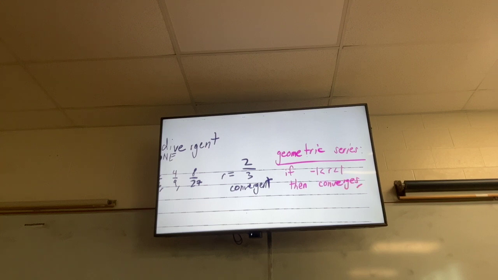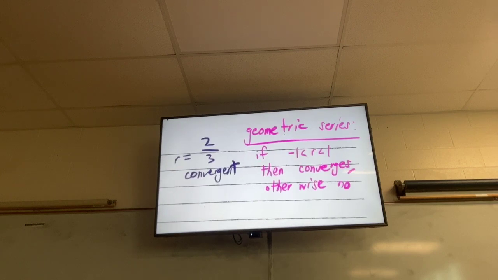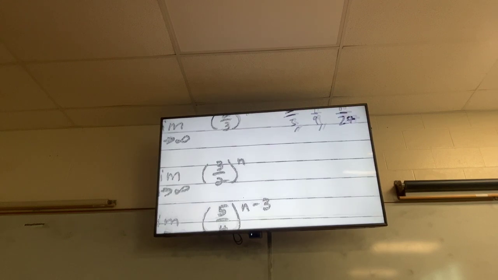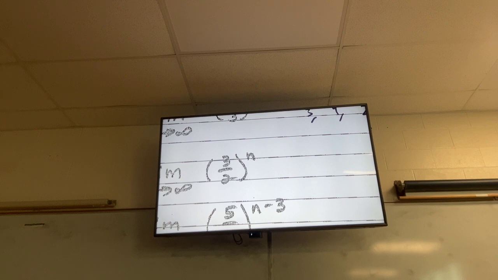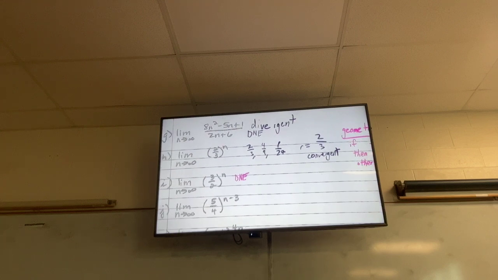Otherwise, no. So it can't be -1 and it can't be equal to 1. Here, you're just multiplying by 3/2 every time. Does this diverge or converge? Diverge. Why does it diverge? That common ratio, the number you're multiplying by each time, is greater than 1.